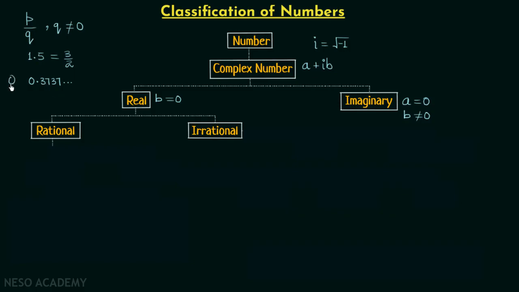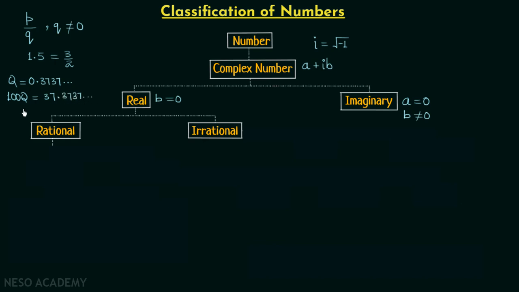For example, I will consider this as q. Now I will multiply both the sides by 100. We will have 100q on the left hand side, and on the right hand side we will have 37.3737 and so on.